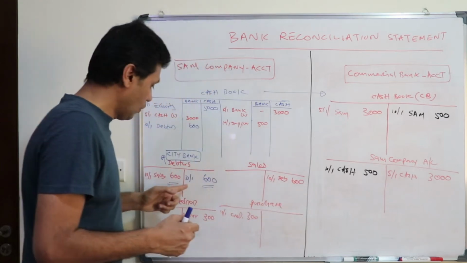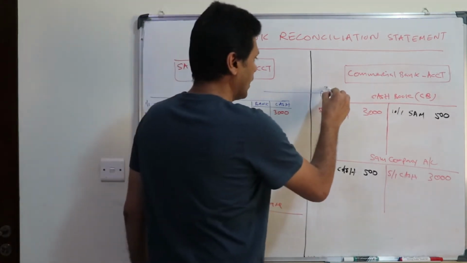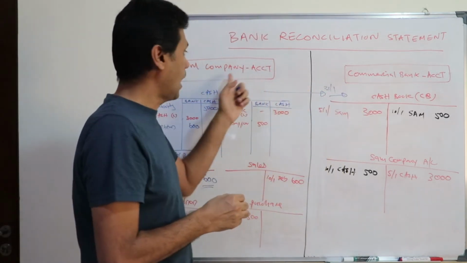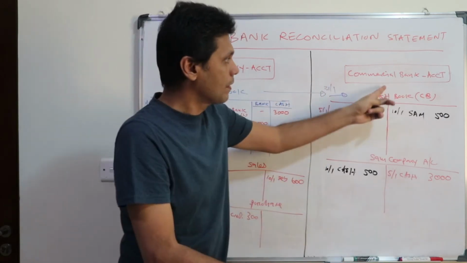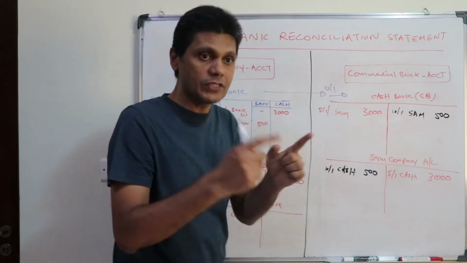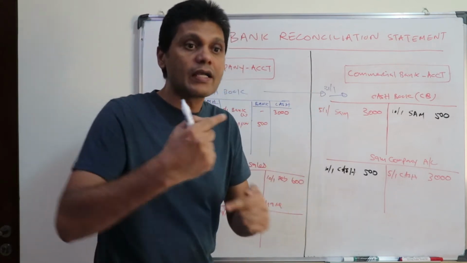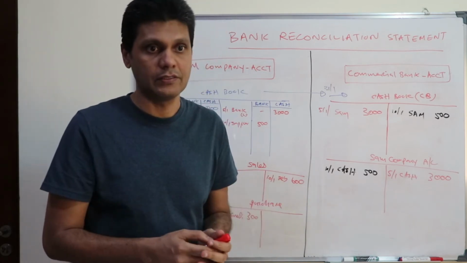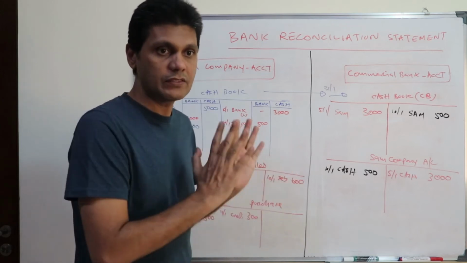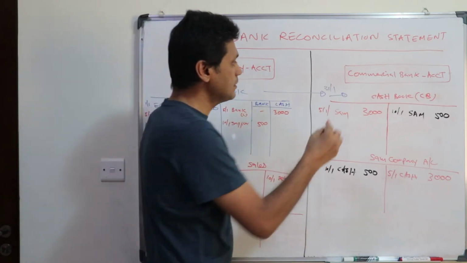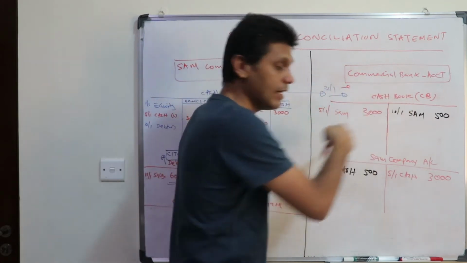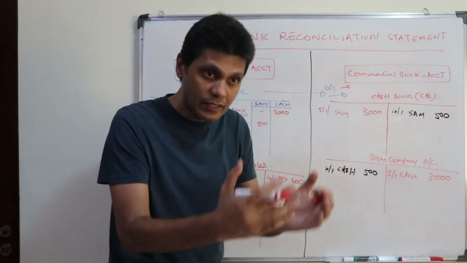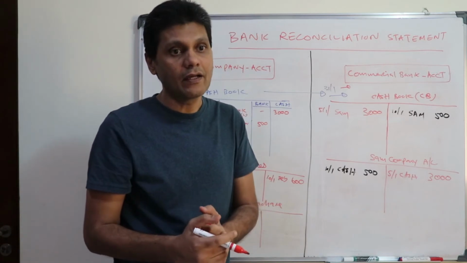So though you received it on 31st January, on 31st January you go and deposit. The Sam company accountant will go and deposit. But the commercial bank accountant has to check with Citibank and clear the check. This process will take at least 1 or 2 days. So we will say 2 days for the sake of this example. 2 days means when this check will get realized, when the commercial bank accountant will get the clearance from Citibank after 2 days.